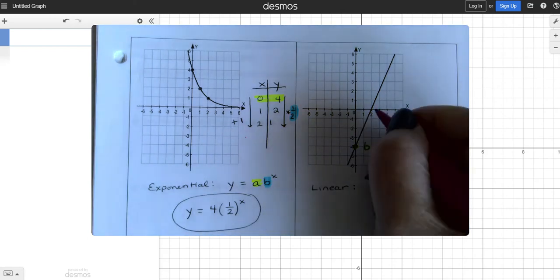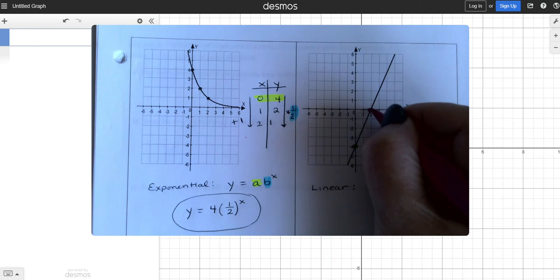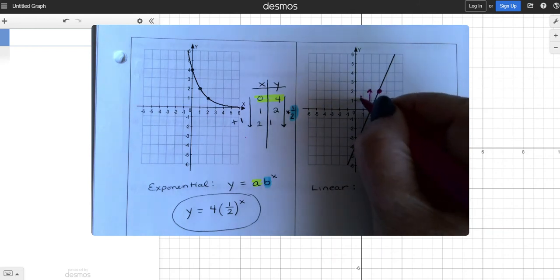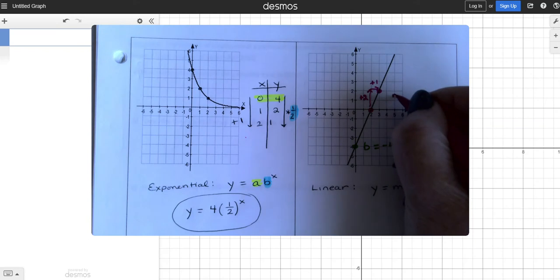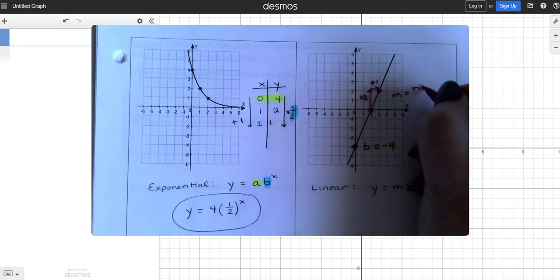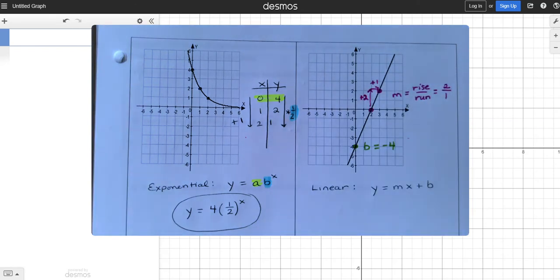So if you just pick a couple of points, say that one and that one, I go up 2 and over 1. So my slope, rise over run, would be 2 over 1.